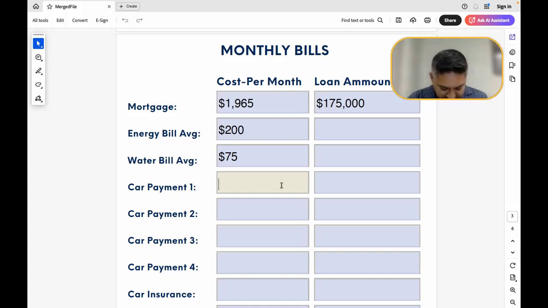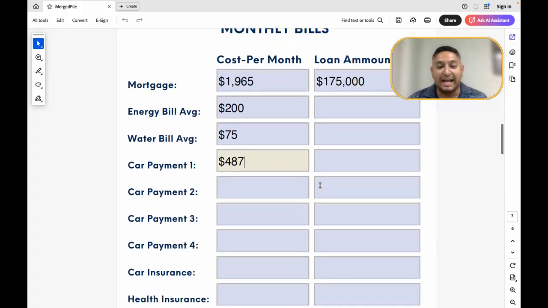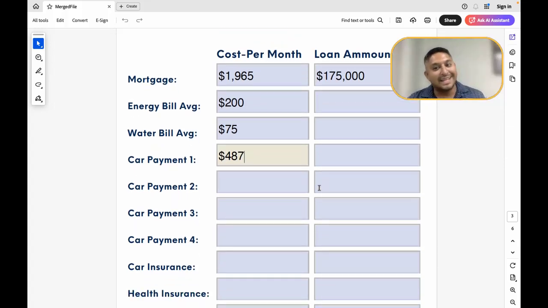The average car payment is 487. Now, I have seen some numbers as high as 700. So these are state averages. Again, these are just examples, just so you can see what a meeting would look like.